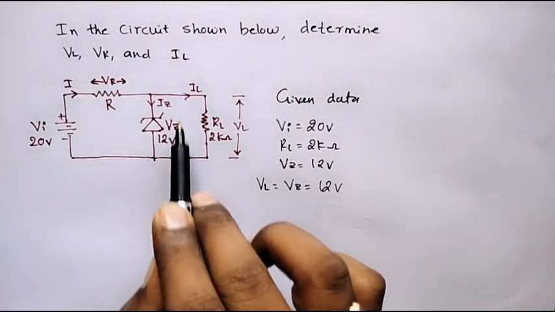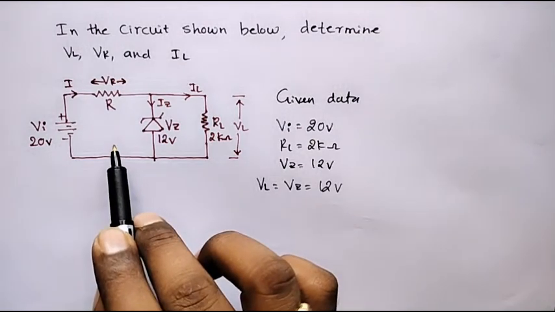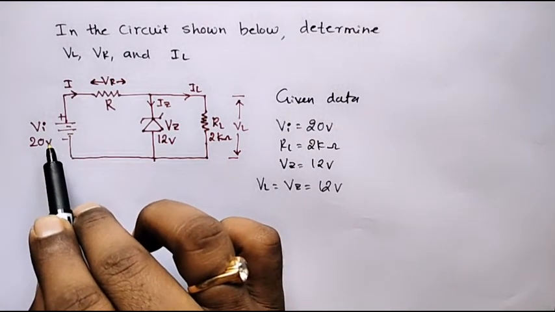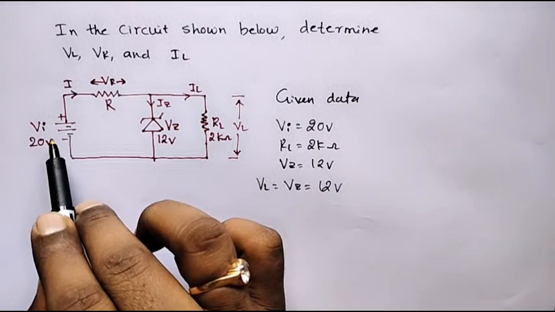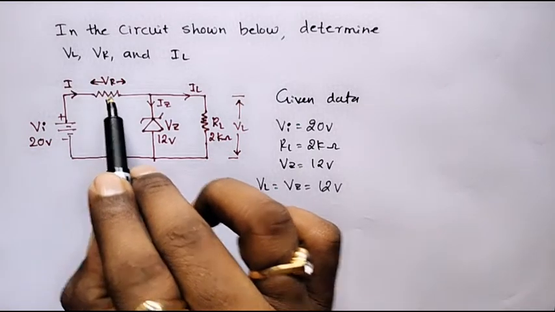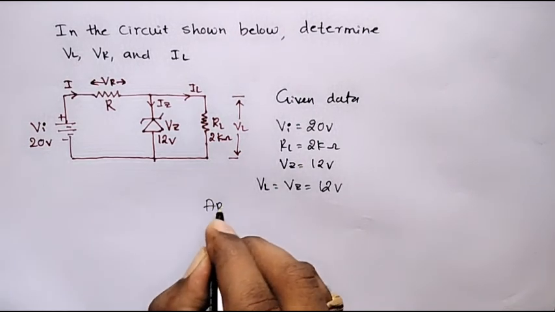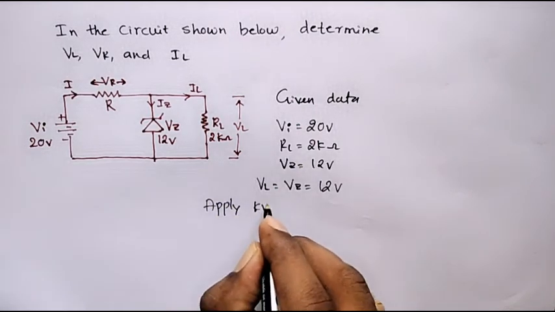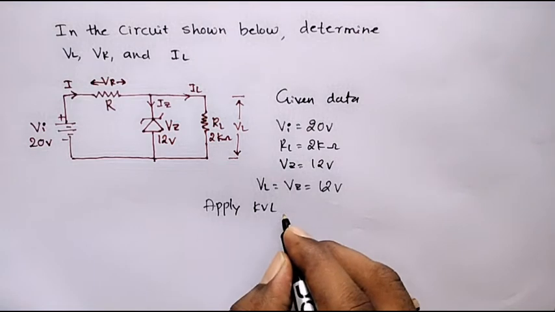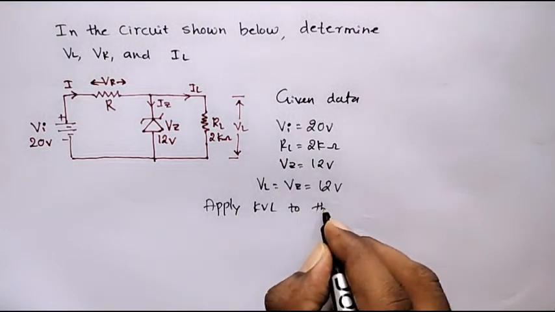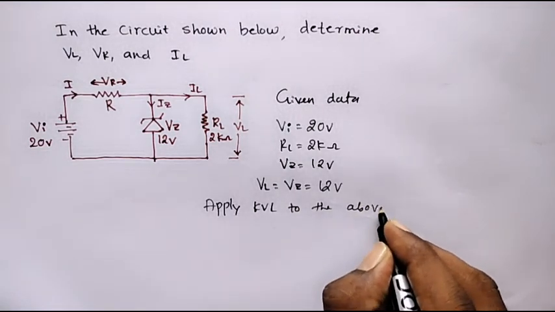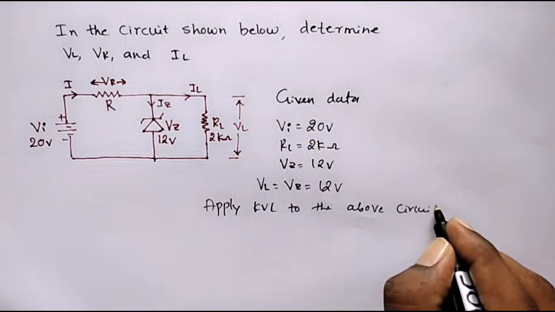Let's apply KVL to this loop. KVL says that voltage Vi is equal to voltage drop across this plus voltage drop across this. Apply KVL to the above circuit.